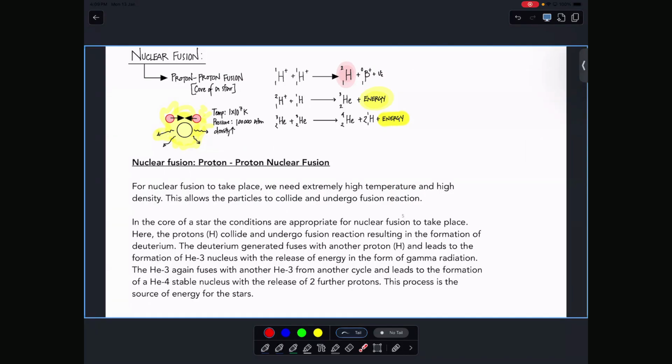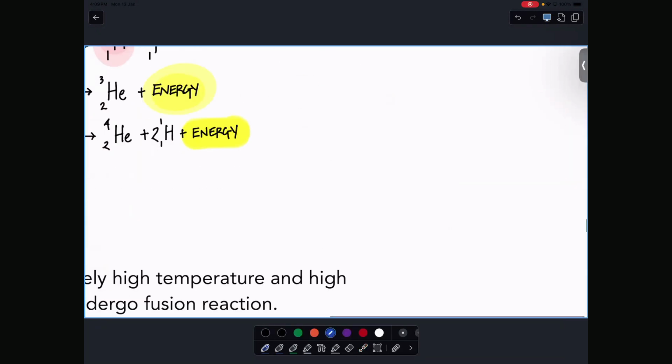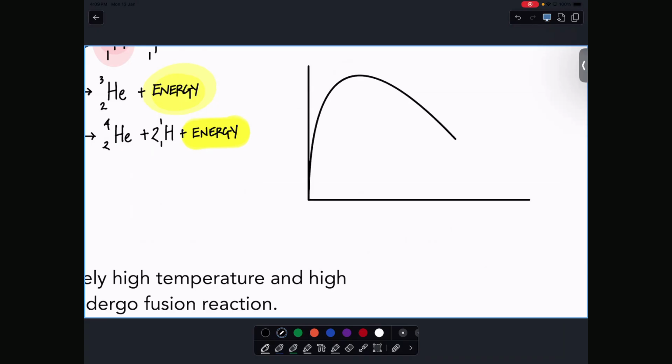Okay, set to screen. Last class we saw, or multiple classes so far, we saw that when elements are below iron in the graph of energy, or proton number, this is, by the way, binding energy per nucleon.